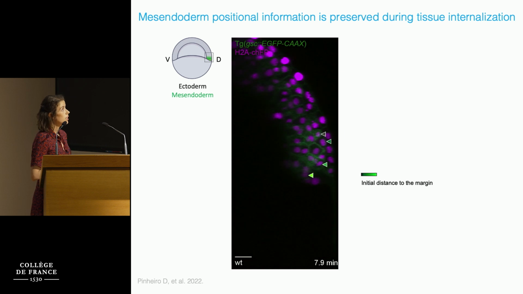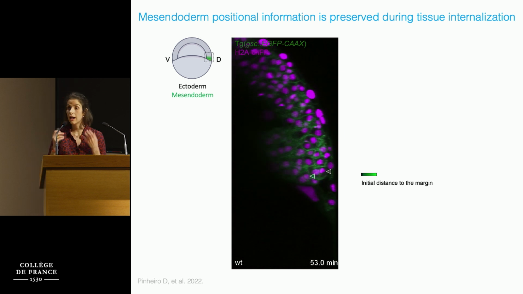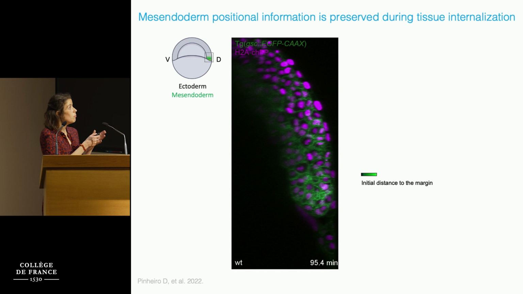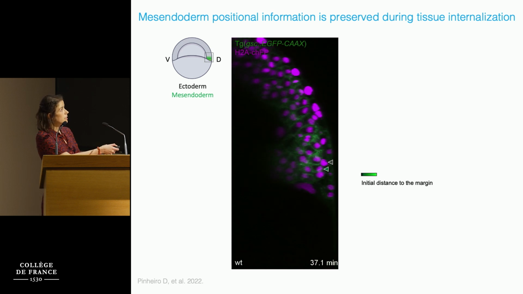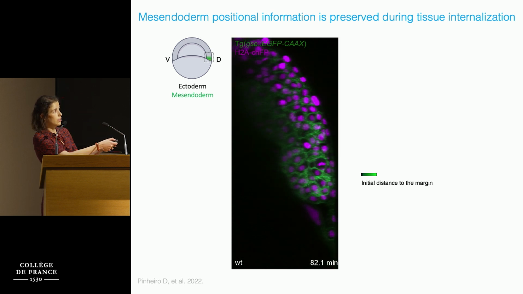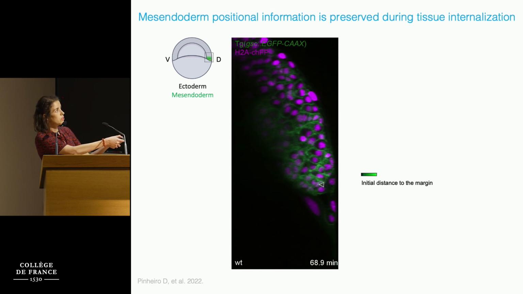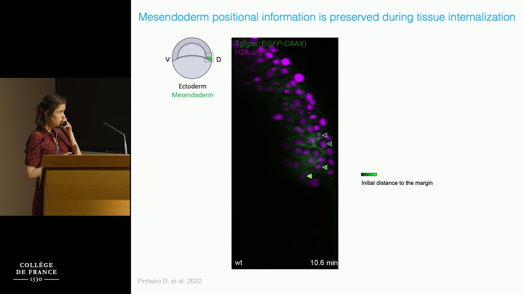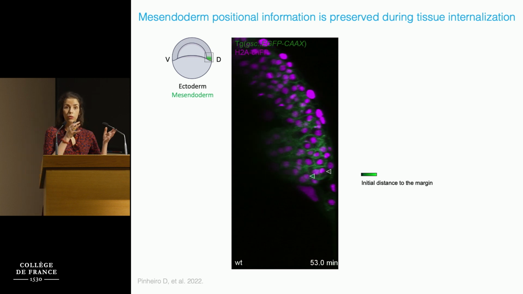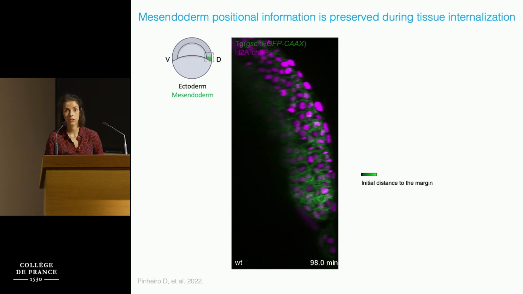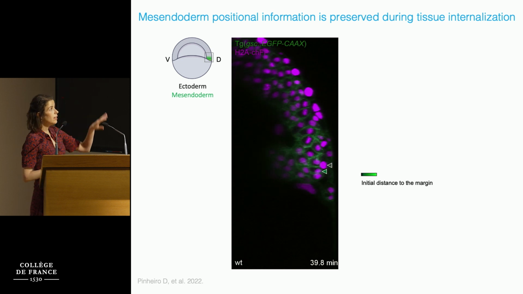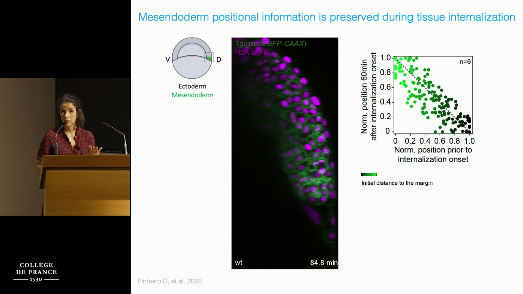What you can appreciate as soon as the movie plays is that it's a highly sequential process, remarkably sequential, in fact. Cells that are initially positioned just at the edge of the tissue, right here, internalize earlier than cells positioned further away from the margin. This tight coupling between the position of a cell and its timing of internalization makes things really ordered at a tissue scale.